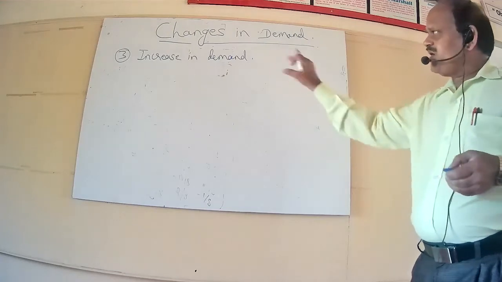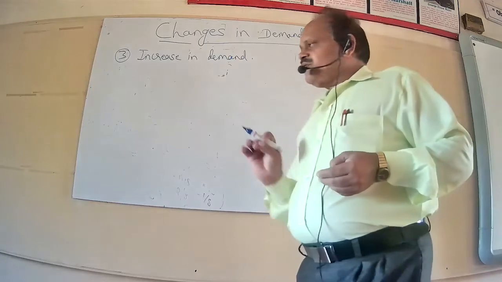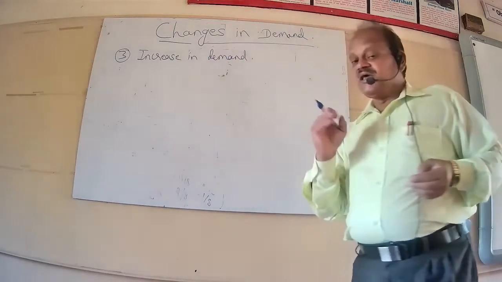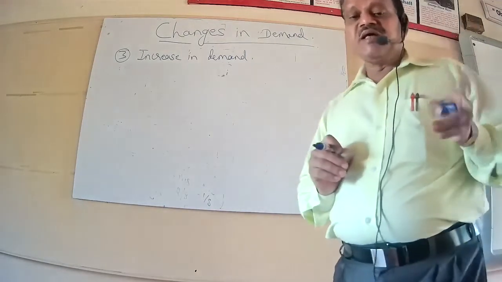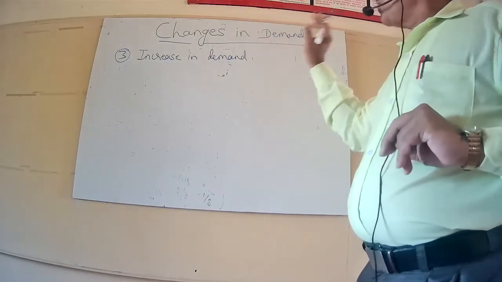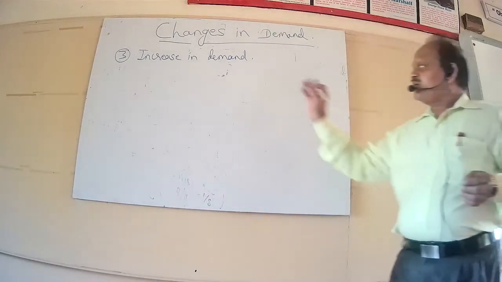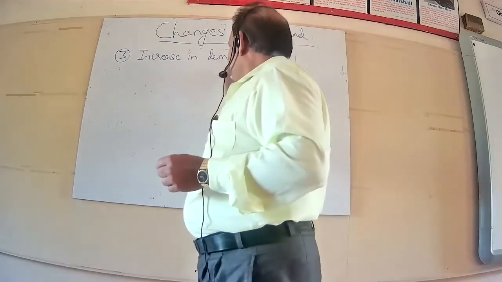What do you mean by increase in demand? Increase in demand means if more quantity is demanded at the same price due to the changes in the factors other than price. In this case, price remains the same, but due to the changes in the factors other than price, demand will go up. This is called increase in demand.